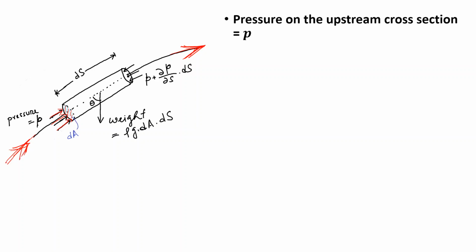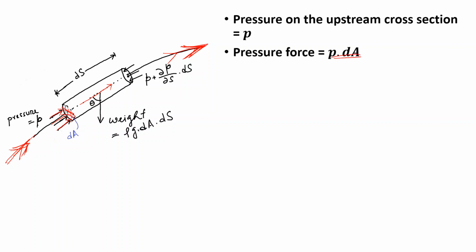This is the flow direction. Now, the pressure force at this cross section is pressure P multiplied by the area dA, that is P into dA.